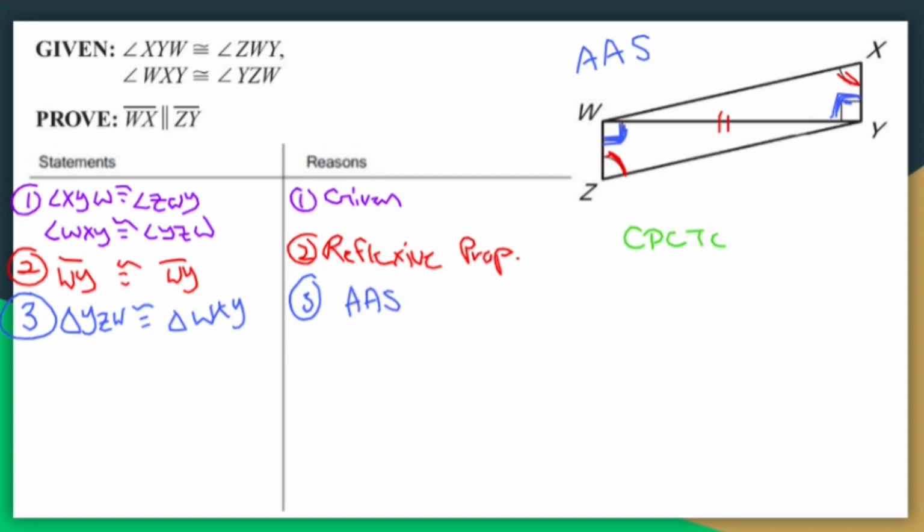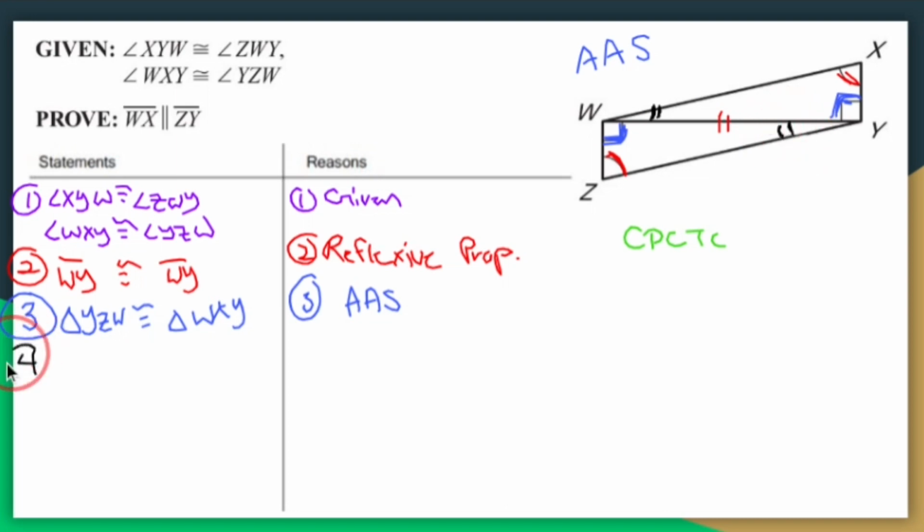Now, maybe we're halfway done. The purpose of showing that these two triangles are congruent is that now I can say that these two angles are congruent.